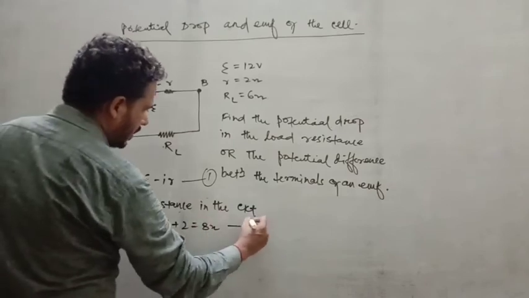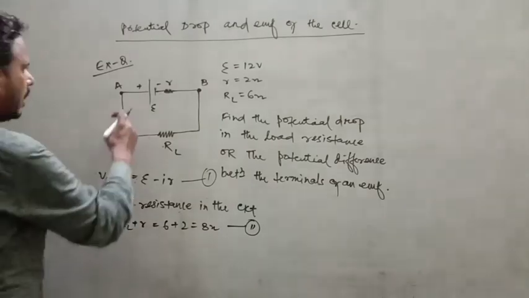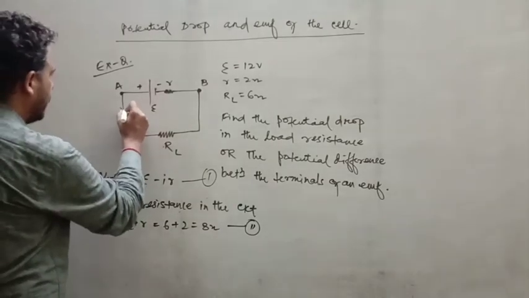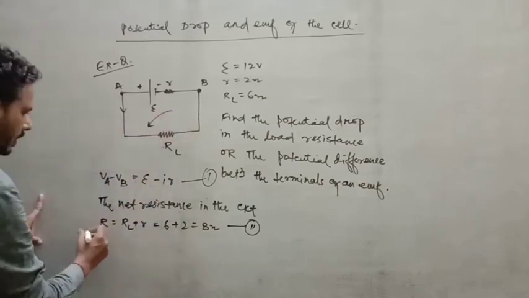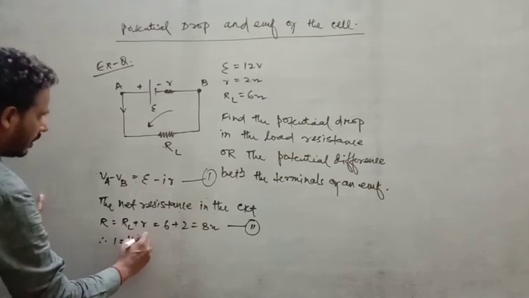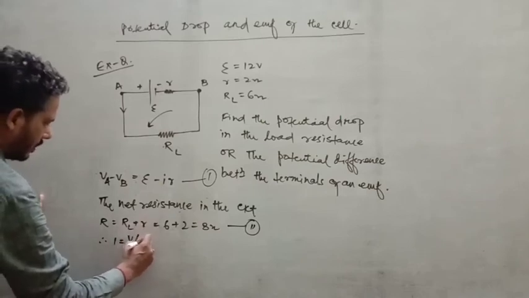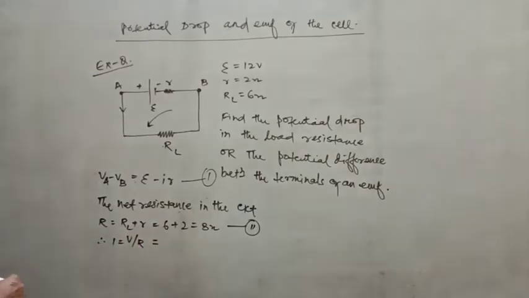That is your next equation. And then finally you have to find how much the current is. The direction of current is anti-clockwise. Therefore I is equal to V by R, where R is the net resistance, capital R. Now how much is V? V is the EMF of this cell, and this is 12.